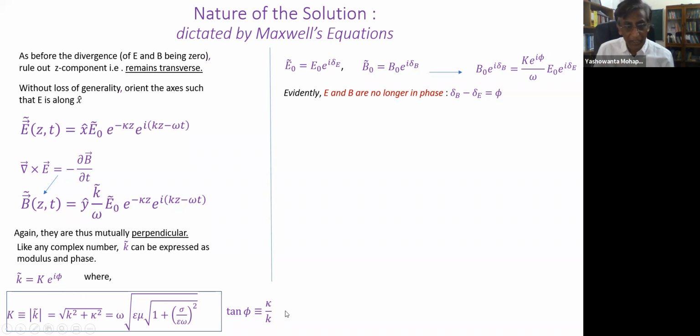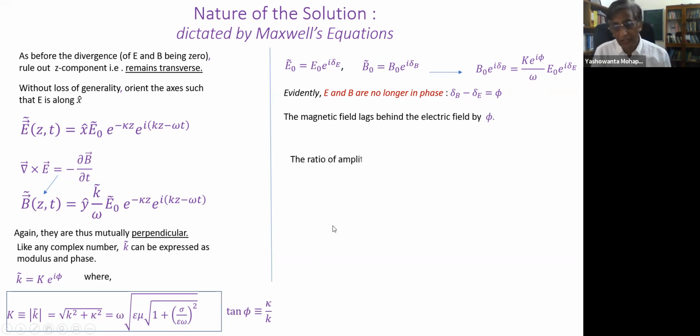That phi, delta B minus delta E, is the phi. So if I take this to be positive, then according to this notation, the magnetic field is lagging behind the electric field by this phase angle phi, where tan phi is the imaginary part by the real part.